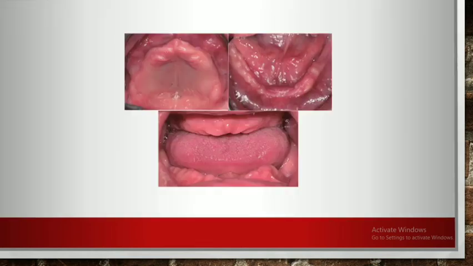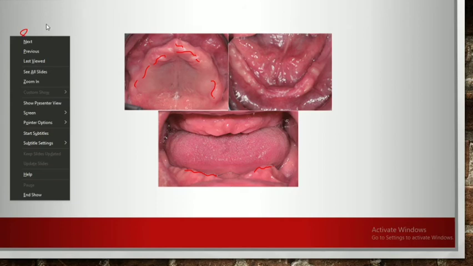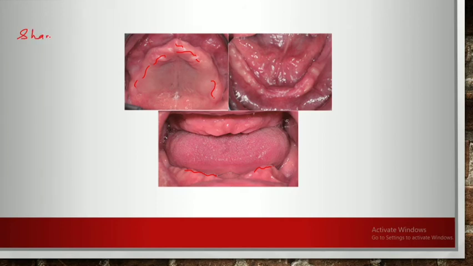Along with that, in these 3 diagrams you can see that there are several elevations and depressions in the whole area of the residual alveolar ridge, right? There are always some elevations and depressions but apart from that, there are also some type of elevations which are known as sharp bony spicules, right?